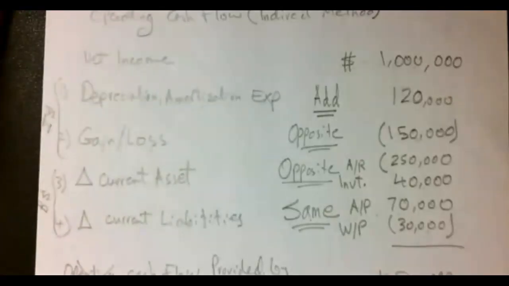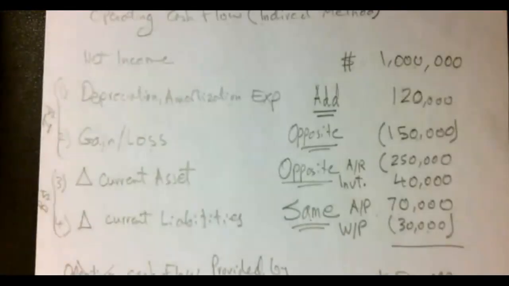If accounts payable has been increased by $70,000, that means you did not pay for those increased liabilities. The accounts payable has been increased, so you do the same thing.